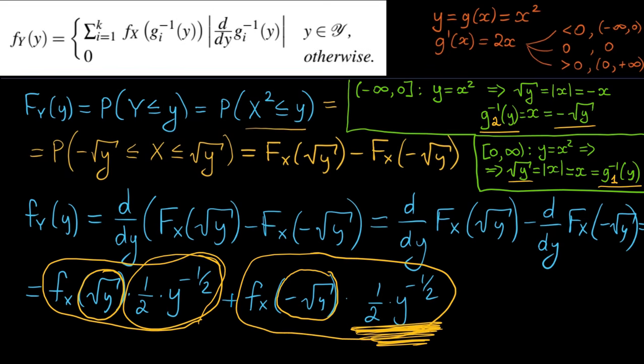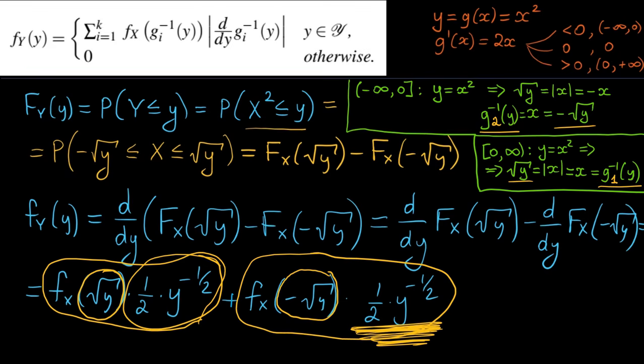So the way we've solved this problem is by finding the CDF of the random variable y, where we had to figure out the interval on which x squared is less than or equal to y, and then we had to find the PDF of y as the derivative of the CDF. But this formula says that a much more direct approach would have been the following.